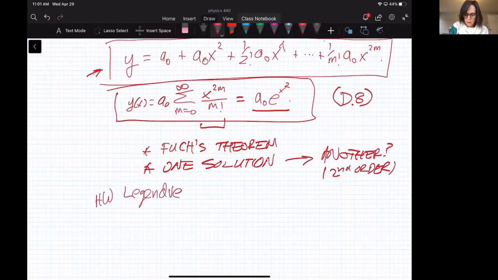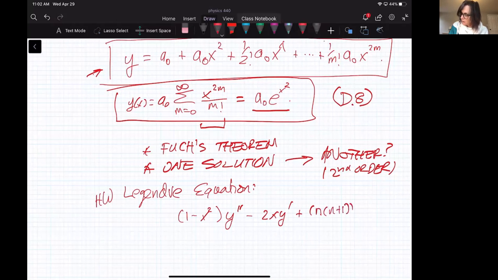The Legendre equation is like that. So the Legendre equation, which you've seen before, looks like this: 1 minus x squared times y double prime minus 2xy prime plus n times n plus 1 times y is equal to 0.